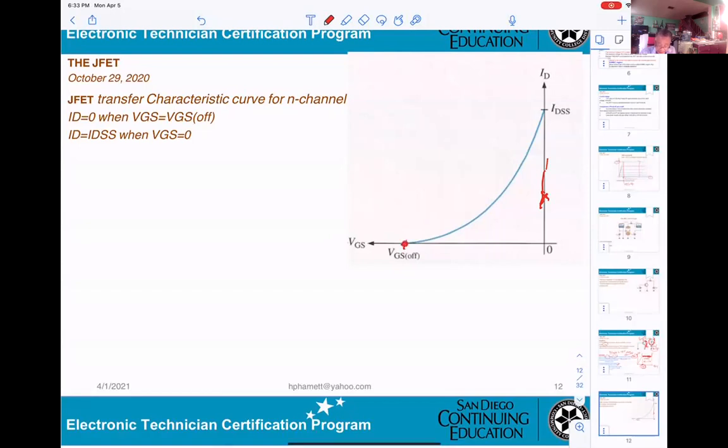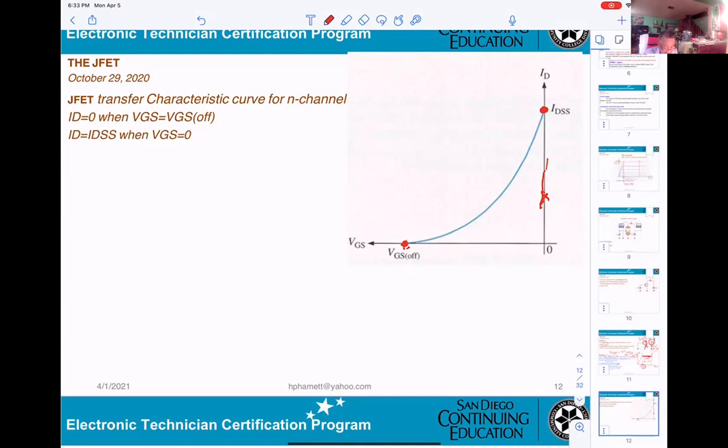Another point is for IDSS. When you get the IDSS and the VGS off, you can draw the curve. That's what they call the transfer characteristic for a JFET.